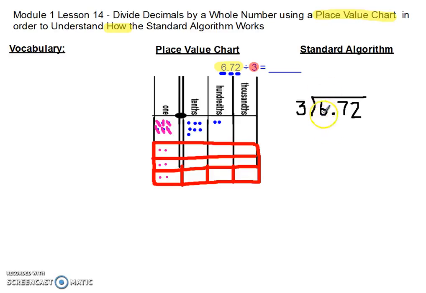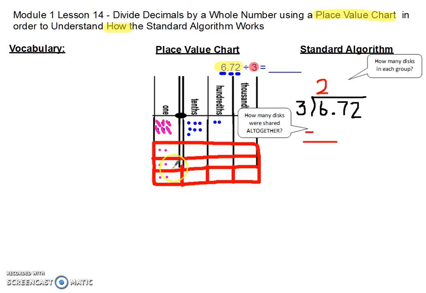Since we just worked with the 6 in the ones column, that's what we're going to ask ourselves. The numbers up top are how many discs are in each of my groups. If I look at my groups, I have 2 in this group, 2 in that group, and 2 in that group. So each group has 2, and that is the number that goes up top. Now you're going to be subtracting how many you shared all together.